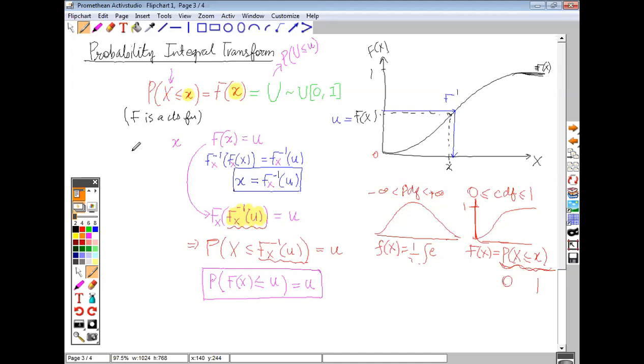So we are assuming that for every continuous distribution f of x, f of x follows a uniform distribution over 0, 1. Thank you very much for asking that question, Isha.